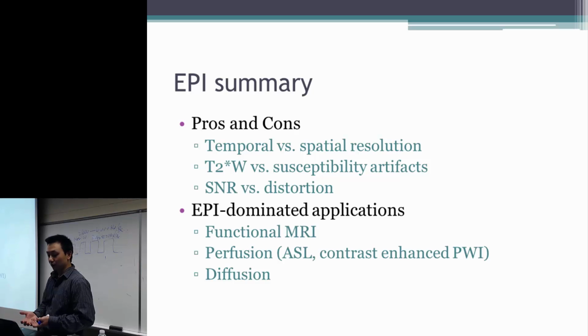We need to use sufficient T2 star weighting, while we can avoid serious susceptibility artifacts. And also for SNR and distortion, if we want higher SNR, then the distortion may be stronger due to the bandwidth-related issues.